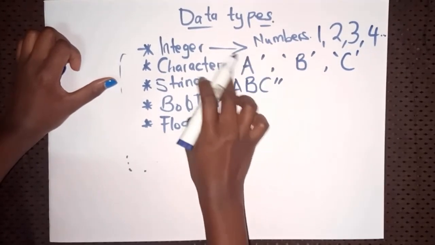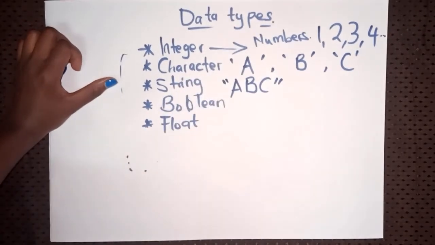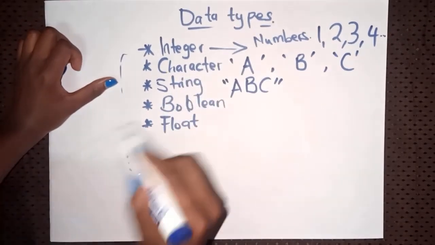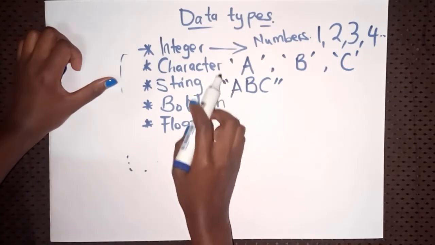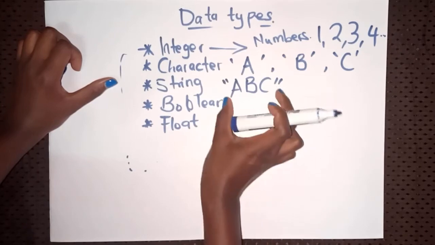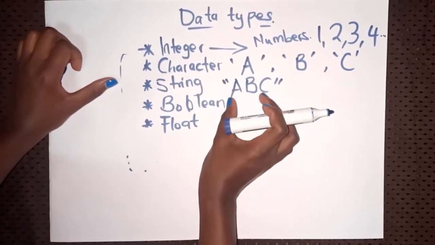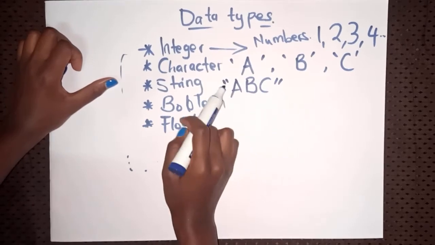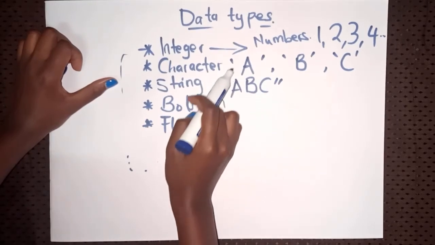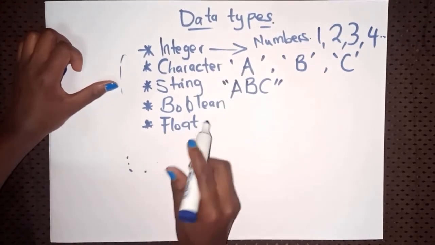Different programming languages use apostrophes, single quotes and double quotes differently. When you join a lot of characters together, you get a string. A string is represented by double quotes, a character by single quotes, but that depends on the programming language.